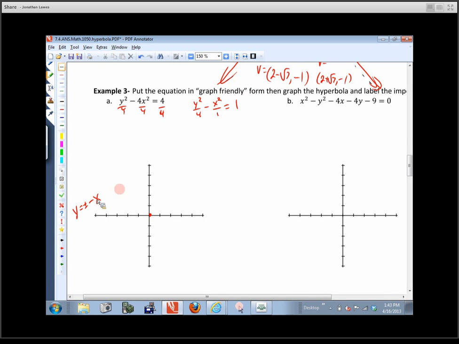How do I figure out what number goes on the top? Underneath the y, 2. Underneath the x, a 1. So it's just y equals plus or minus 2x. Okay, so let's go ahead and draw this. In the y direction, we're going to go up 2 and down 2. In the x direction, we're going to go over 1 and back 1. Here's our fundamental rectangle.